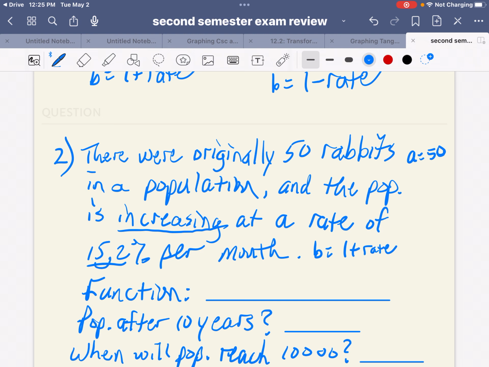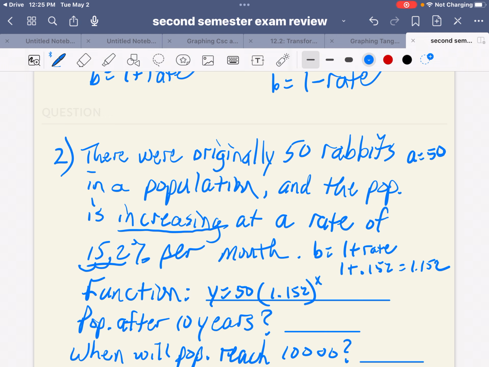So if I move that decimal twice to the left, I get 1 plus 0.152, so that's 1.152. Okay, so y equals 50 times 1.152 to the x power is my exponential function.